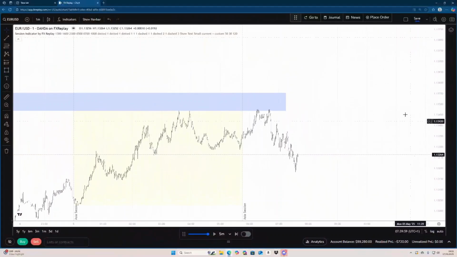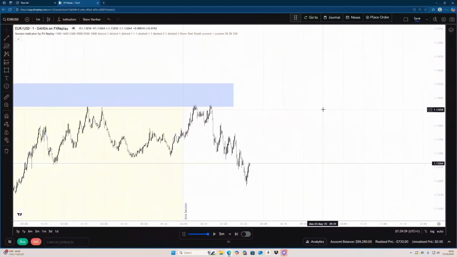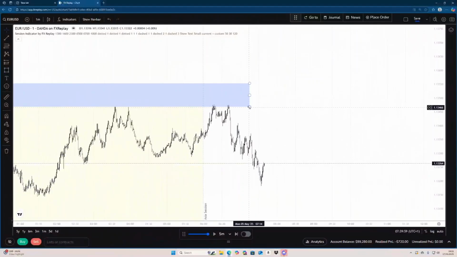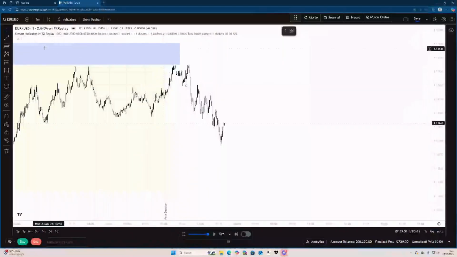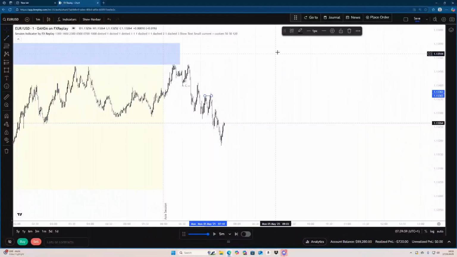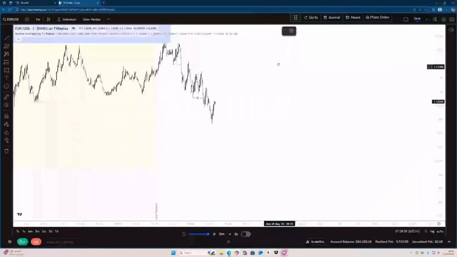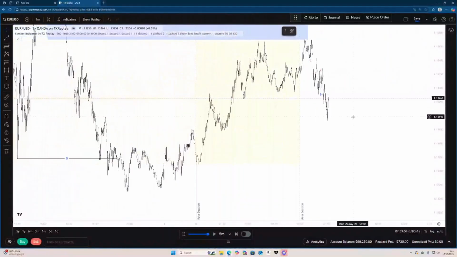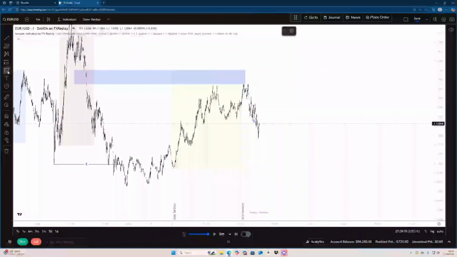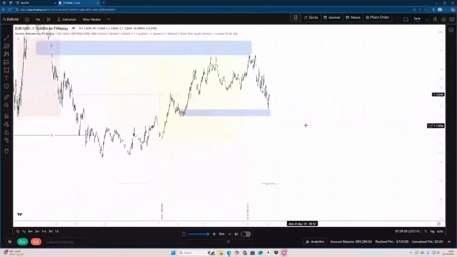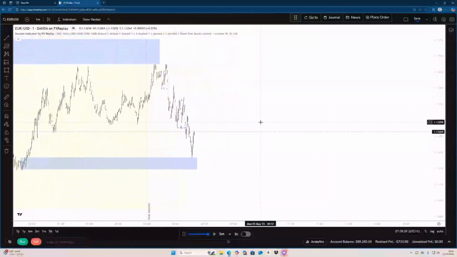Swept the Asian high, this internal shift. Then price pushed up, filled in some of the imbalance. Again, here we had a minor inducement followed by a break of structure. But price pulling into this internal demand. Mark as a POI, see what happens.